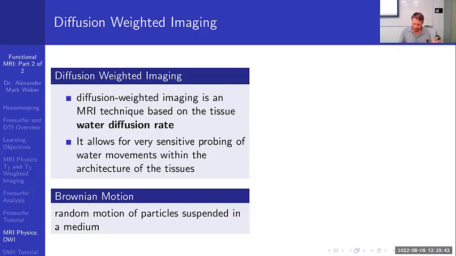This water movement is based on something called Brownian motion, which describes the random motion of particles suspended in a medium. It's named after, I don't remember the guy, but he was a botanist, and he had pollen in some water, and he noticed that it was moving under the microscope.